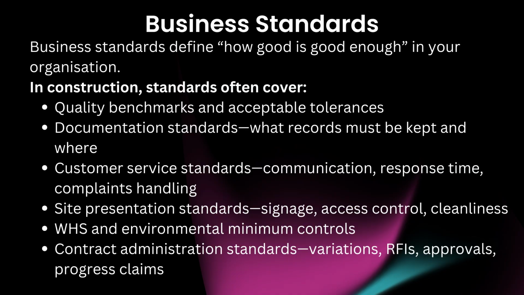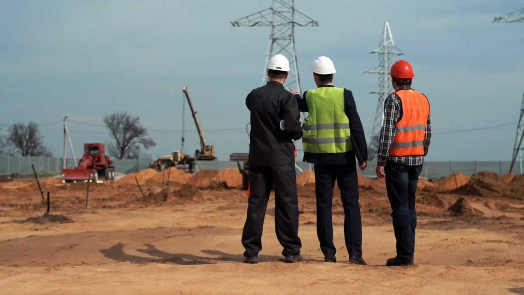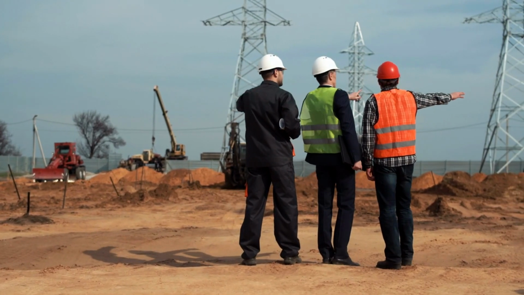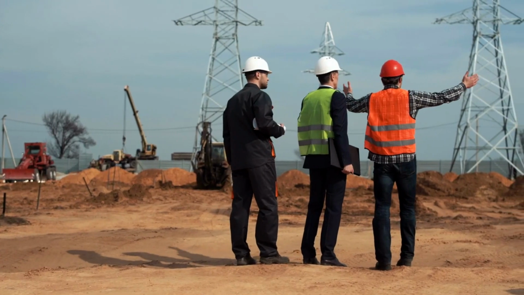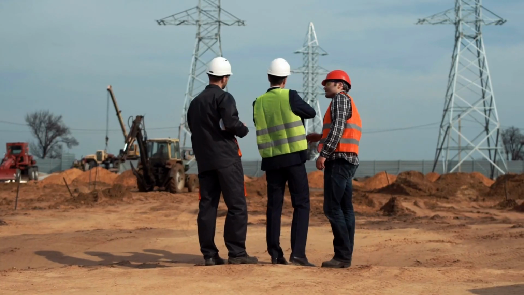Business standards. Business standards define how good is good enough in your organization. In construction, standards often cover quality benchmarks and acceptable tolerances, documentation standards, what records must be kept and where, customer service standards, communication, response time, complaints handling, site presentation standards, signage, access control, cleanliness, WHS and environmental minimum controls, contract administration standards, variations, RFIs, approvals, progress claims.